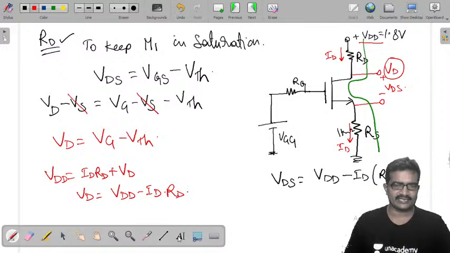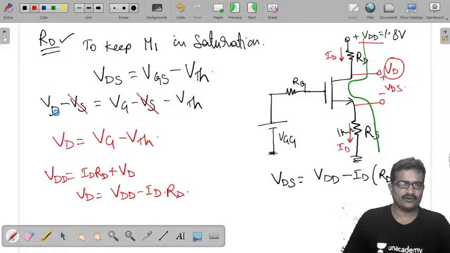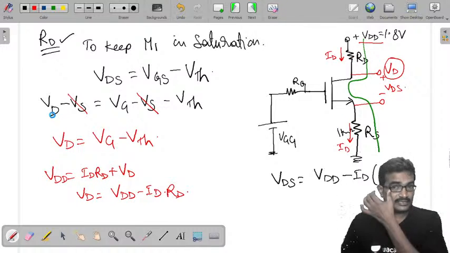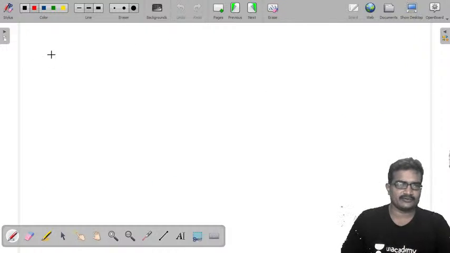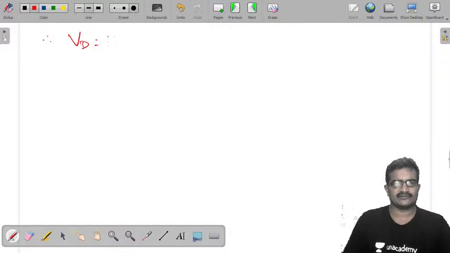Now I am writing that. Therefore VD is VG minus VTH, where the voltage at the gate we already calculated as 1.286 something.